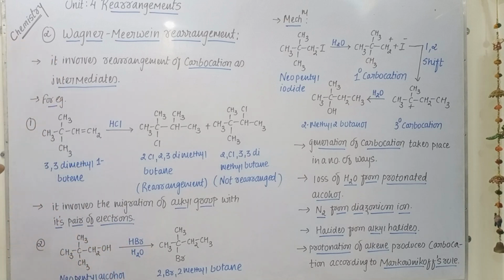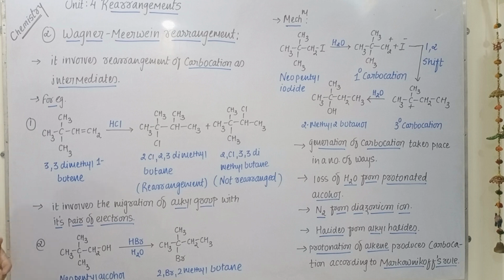Basically, along with formation of a carbocation, it also involves the migration of an alkyl group with its pair of electrons, right? So these are the two important points in the Wagner-Meerwein rearrangement.